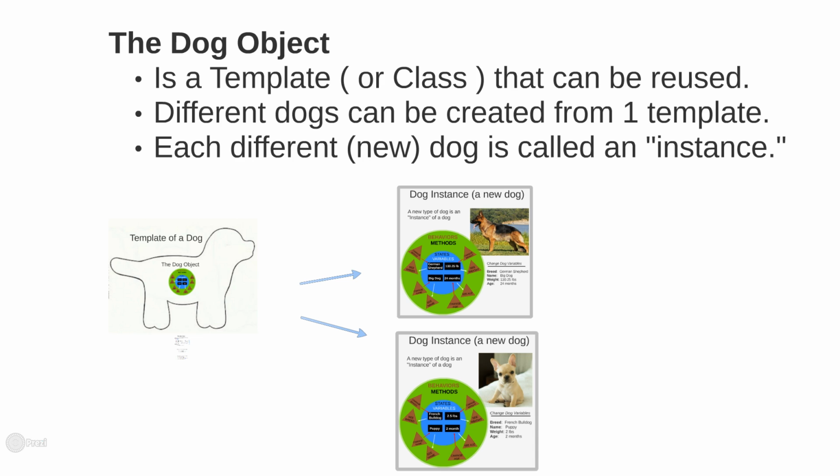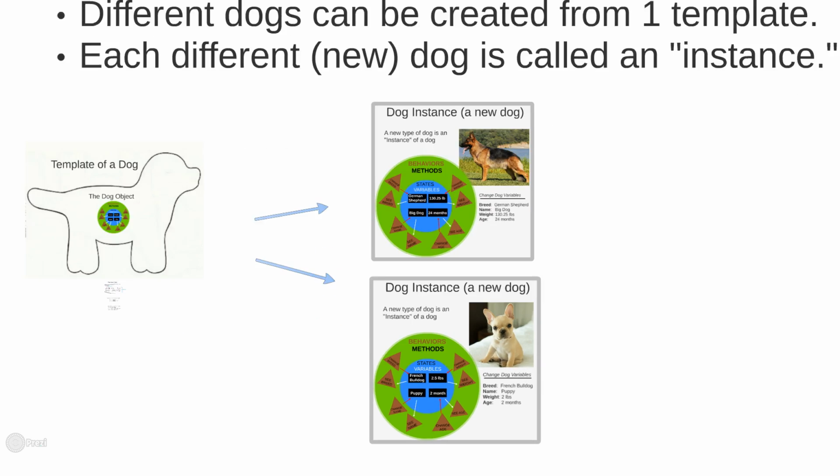Now the advantage of this is that once you have created the template of a dog, you can now easily create different kinds of dogs using the same template. So for example, you could have a French Bulldog instance or a kind of a dog, and you can also have a German Shepherd. Each different new dog will be called an instance, and it will use the same template as we have already created originally.